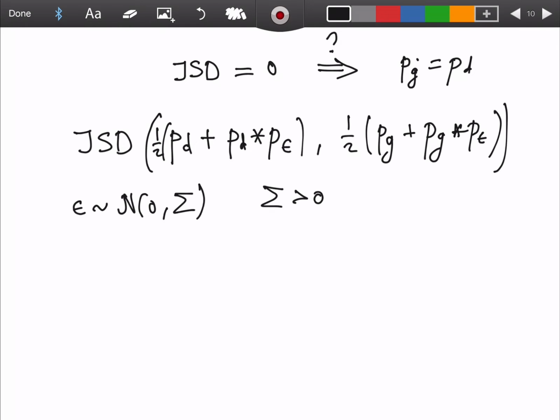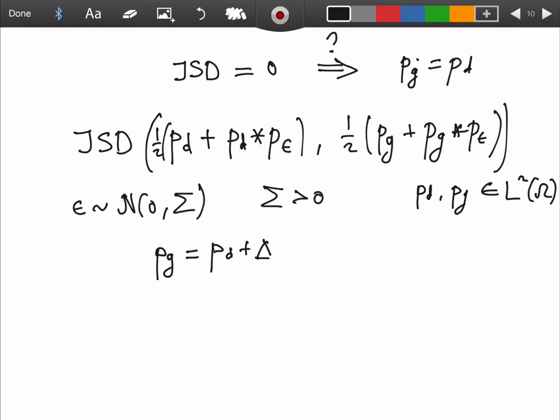So in this case, I will also need to assume technically that PD and PG have bounded support on some domain omega. Let me write it by assuming that they are square integrable on omega, which is a meaningful assumption, I would say. Okay. So now let me denote PG as PD plus delta.